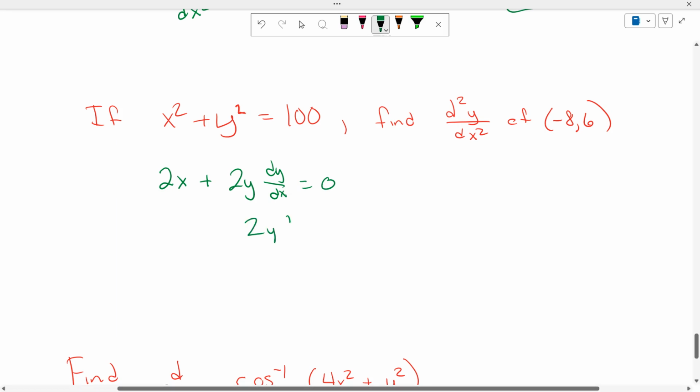So 2y dy dx equals negative 2x. So dy dx equals negative 2x over 2y. They cancel. So dy dx equals negative x over y.